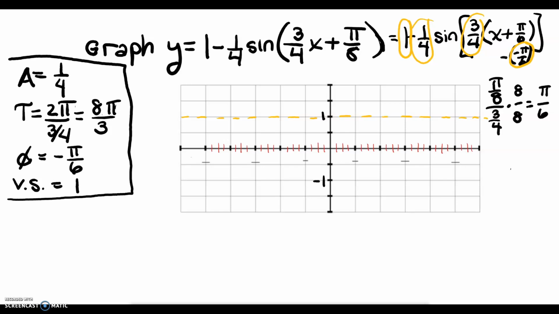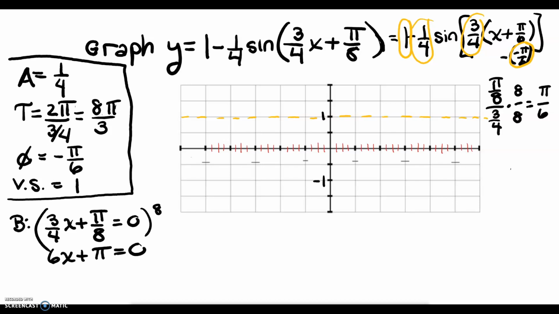All right, so let's go ahead. We do have a phase shift. We will find the beginning. So we will take the 3/4 x plus pi over 8 and set it equal to 0. We'll multiply by 8 to get rid of our fractions. When we subtract pi and divide by 6, we get a starting point of negative pi over 6.